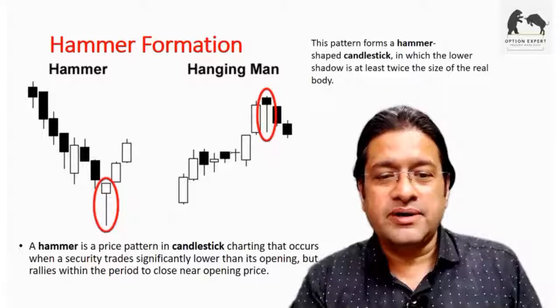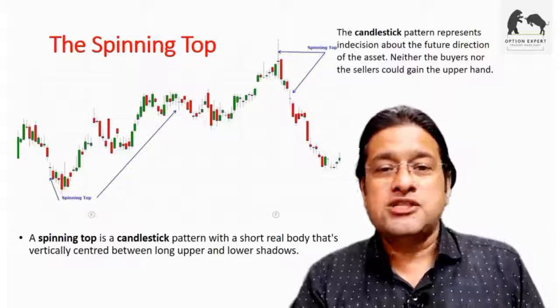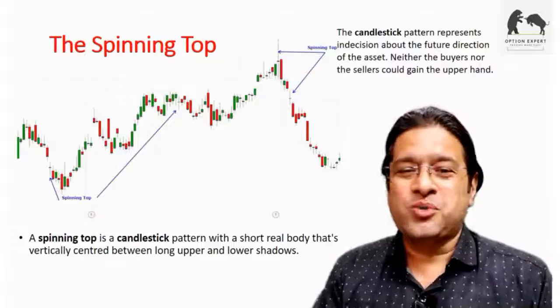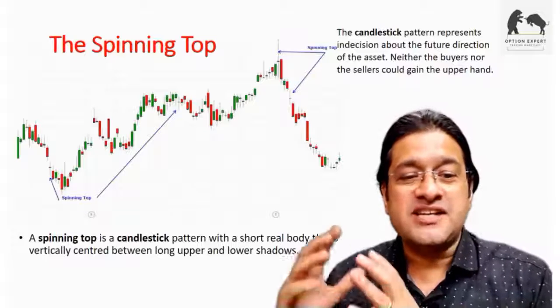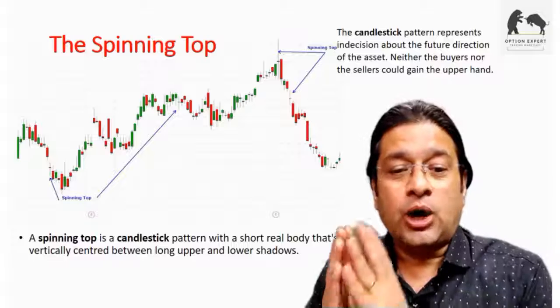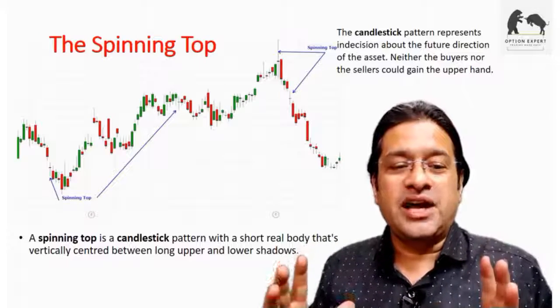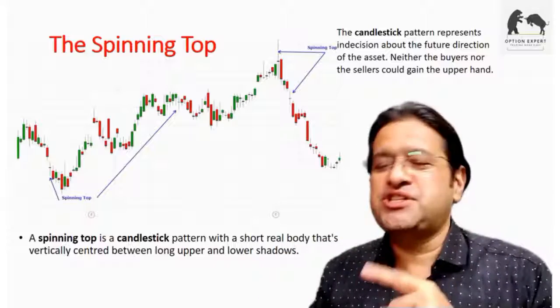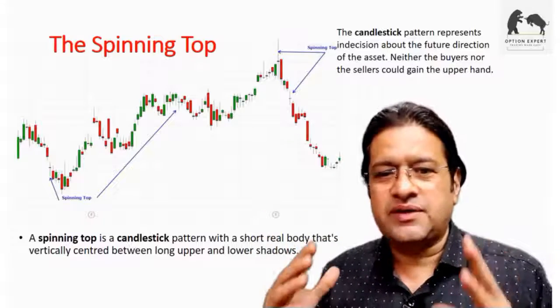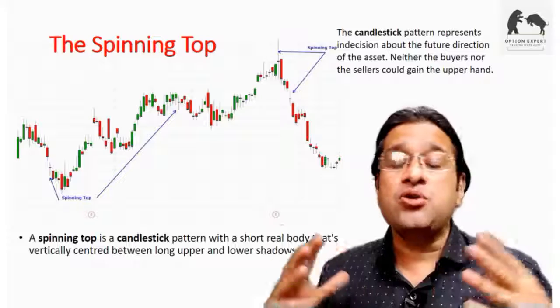Okay, it's about that. And then let's look at the spinning top. So what do I mean by spinning top? A spinning top is a candlestick pattern with a short real body that's vertically central between long upper and lower shadows. Whether you call it a wick or a shadow, the shadow is longer.